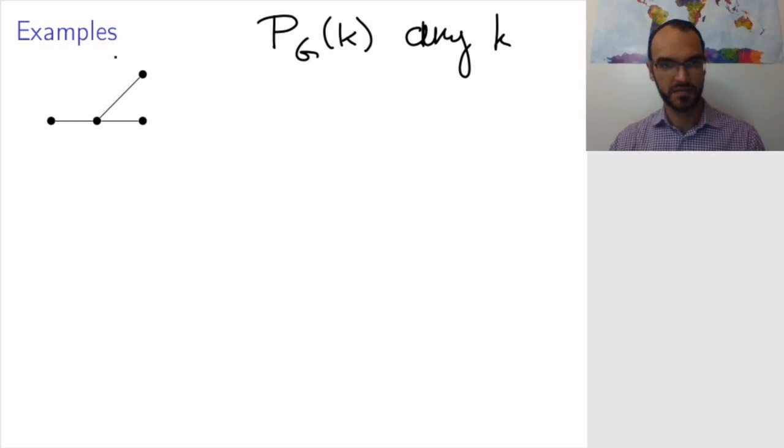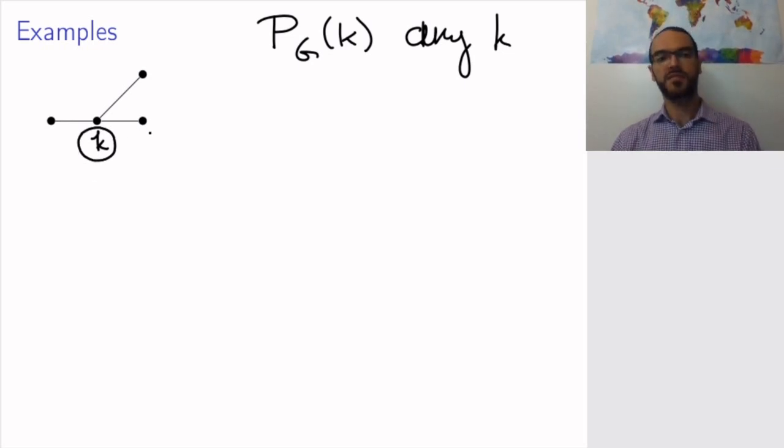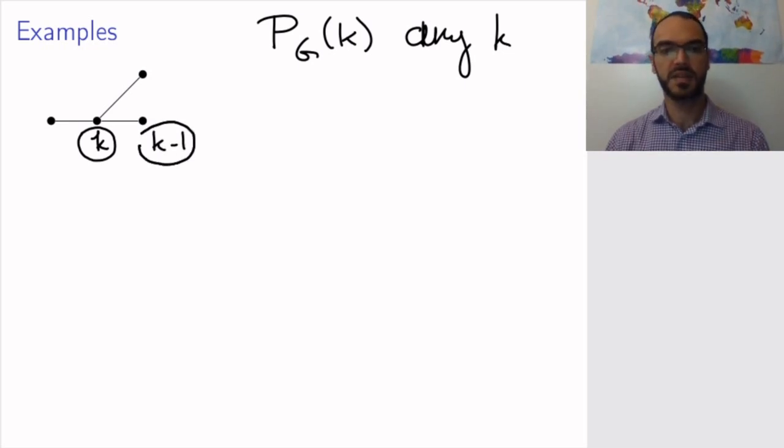So let's look at this graph, for example. And I have next to me my color box with k different colors that I'm allowed to use. So let's start with this vertex. This vertex can be colored in any of the k colors, because so far we haven't colored the other vertices. Now, this vertex can be colored with k-1 colors, because I'm allowed to use all colors except the one I used for the adjacent vertex.